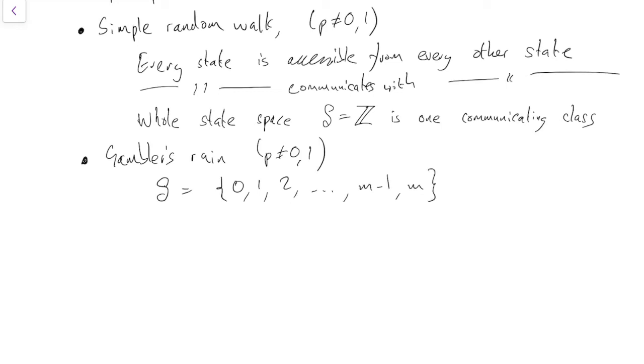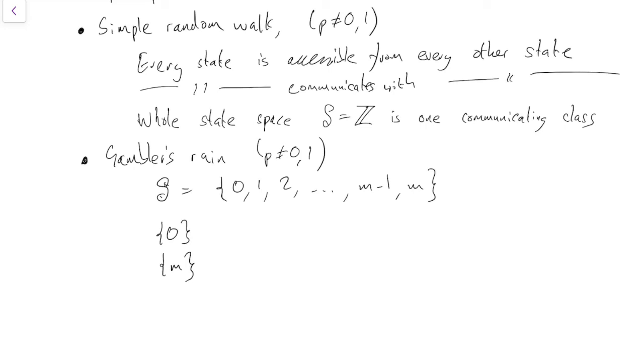Because when Alice has 0 money, she's ruined, and when she has m money, she's won all Bob's money, and Bob is ruined. So the first thing to see is that 0 and m are kind of special cases here, right? Because when Alice has 0 money, she's ruined, and she stays at 0 forever. So once you hit 0, you can't get anywhere else. So no other states are accessible from 0, because once you're at 0, you stay at 0.